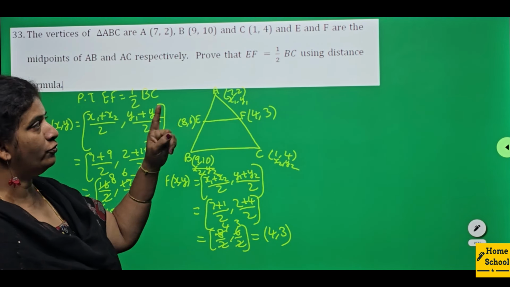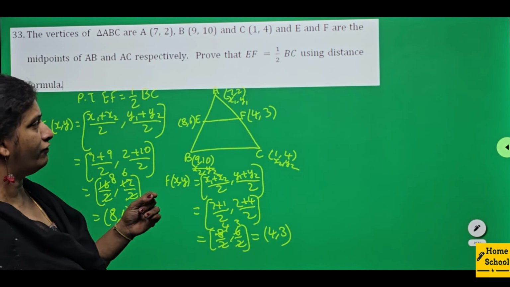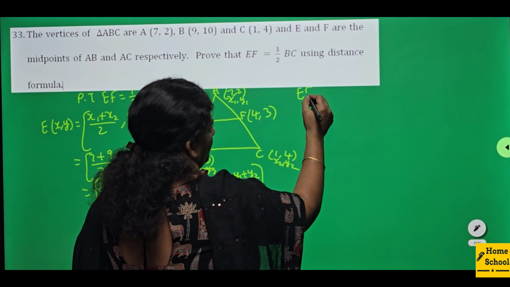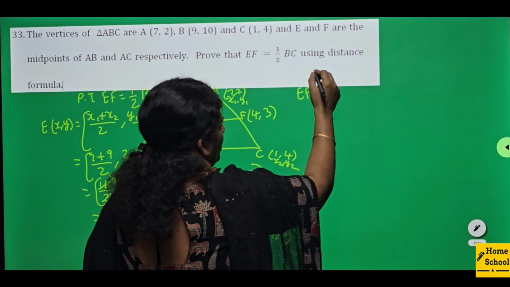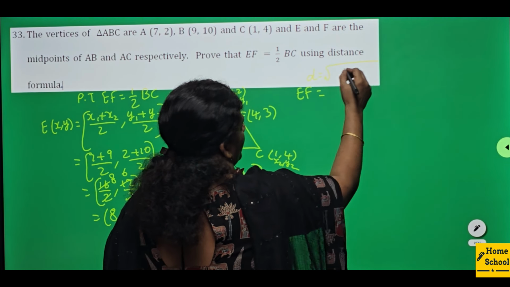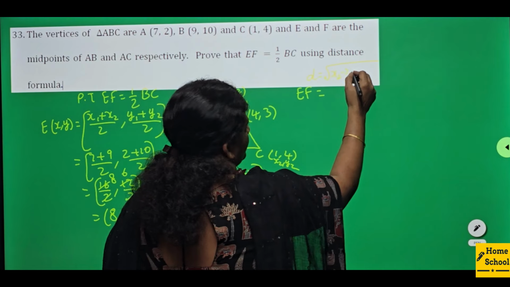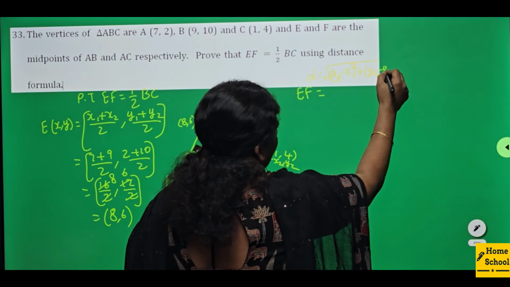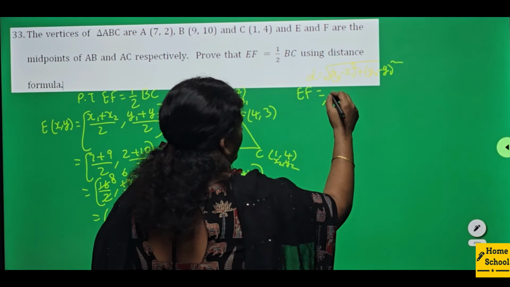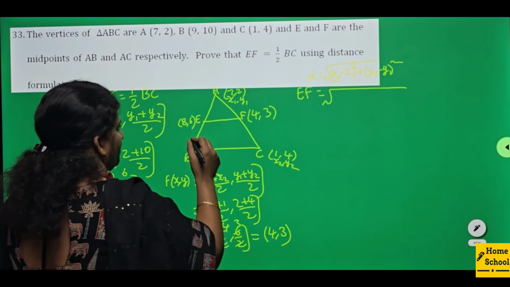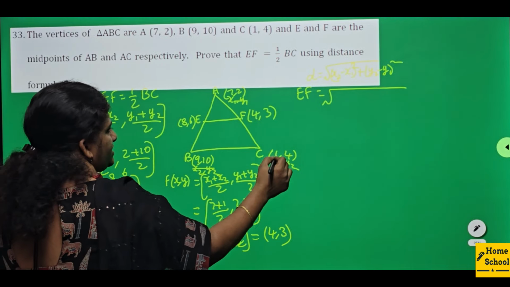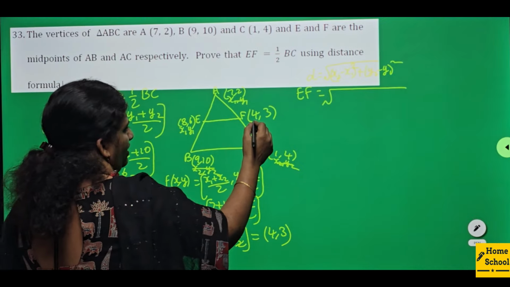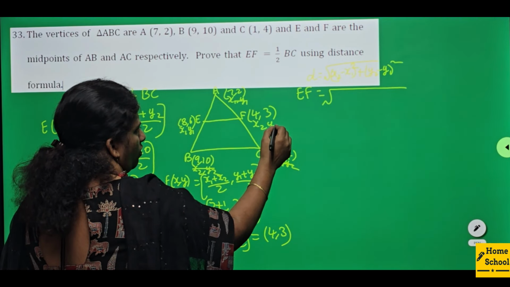We need to prove that EF is equal to half of BC. Now find the distance of EF. What is the distance formula? D is equal to square root of x2 minus x1 whole square plus y2 minus y1 whole square. Now distance of EF. Let me assume this E coordinate as x1, y1, F coordinate x2, y2.